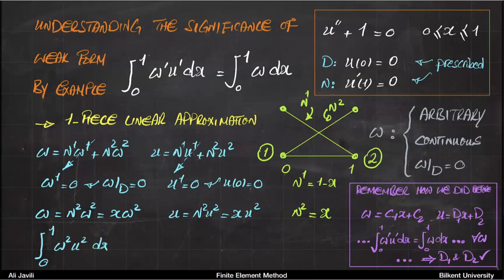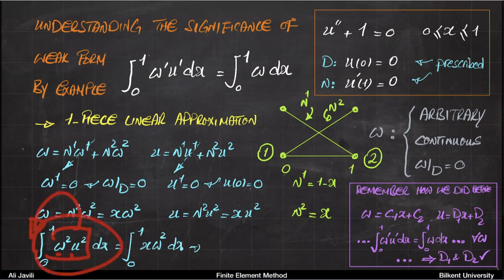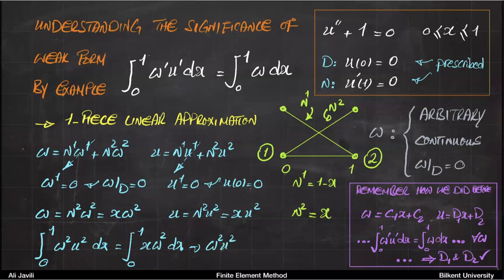Then you integrate that. That's equal to the integral from 0 to 1, where you insert w, which is x w2 dx. This is your weak form. Now if you integrate this, these are constants, so these coefficients come out of the integral. The integral of 1 from 0 to 1 is just 1, so that gives you w2 u2 on the left-hand side.